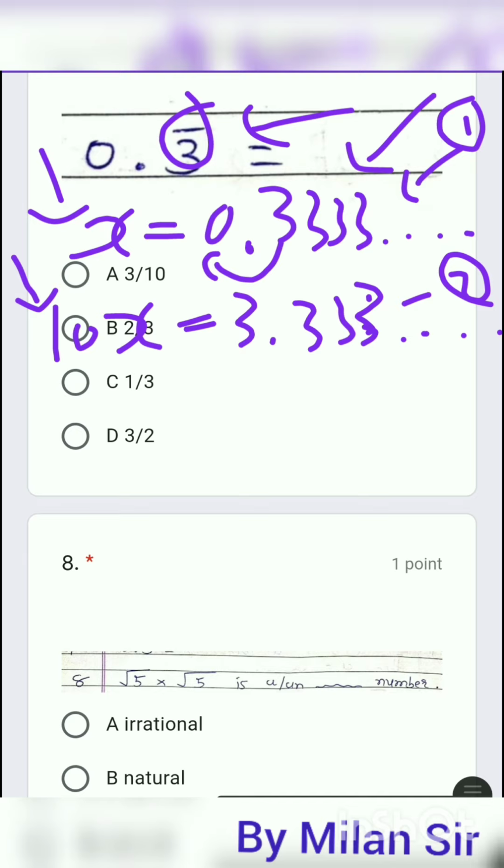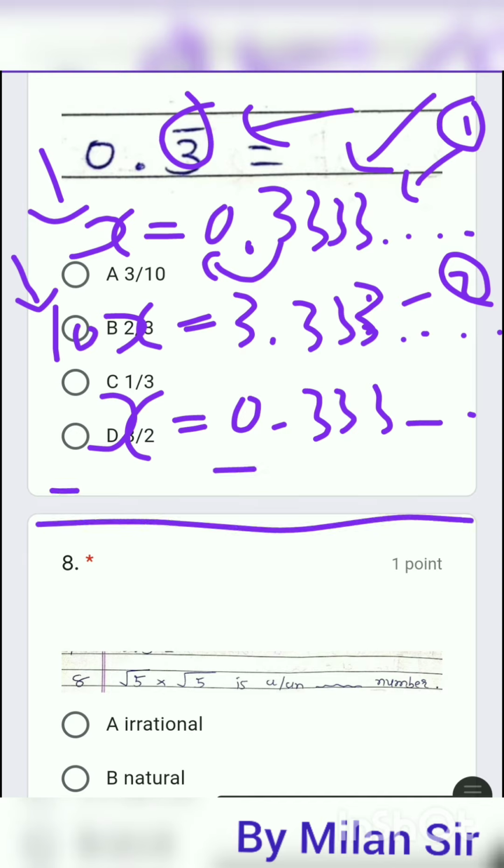So our first equation is what? x is equal to 0.3333 continuously, right? From the second equation 10x is equal to 3.3333, we need to subtract equation number 1, x is equal to 0.3333 continuously. Now here we subtract, that's why we put the subtraction sign, otherwise we would change the sign.